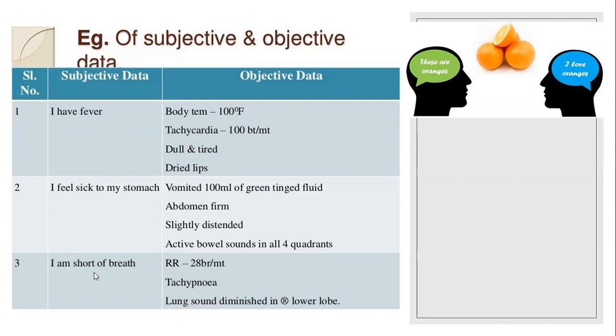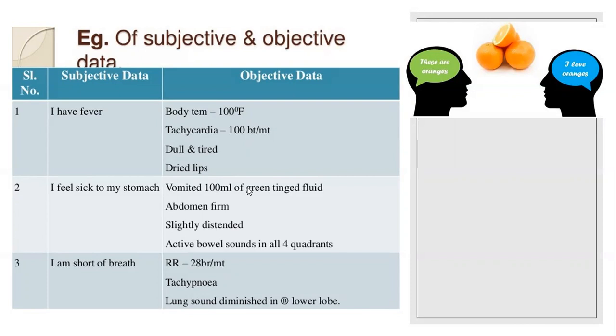Patient said, I have shortness of breath. You do not see the shortness of breath, but when you check the respiratory system, you get a respiratory rate of 28 breaths per minute. It is measurable, observable, objective data. Tachypnea, lung sounds diminished in the lower lobes, you measure it.